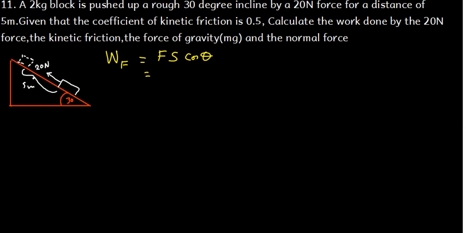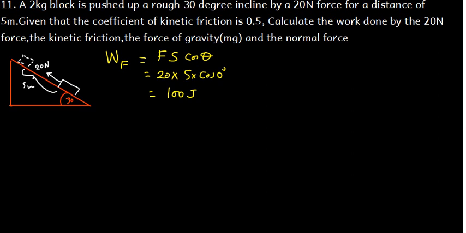So the force is 20, the distance is 5 meters, and then times cos 0 degrees. Cos 0 degrees is 1. So that will give us just 20 times 5, which is 100. So that will be 100 joules.